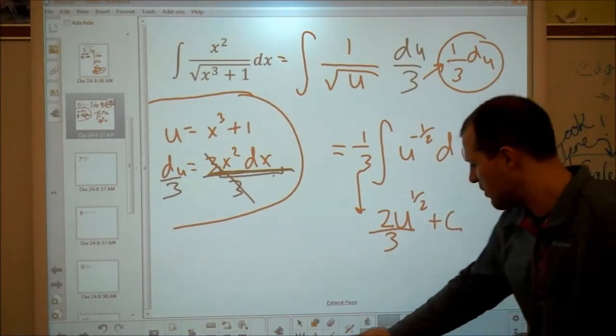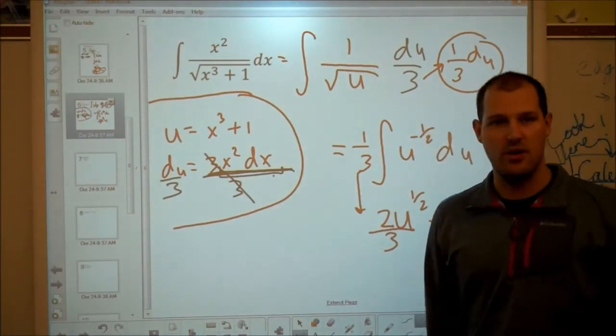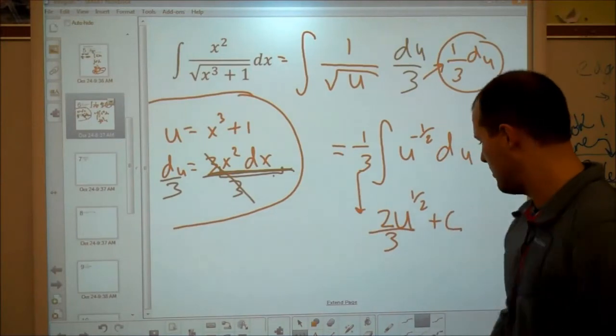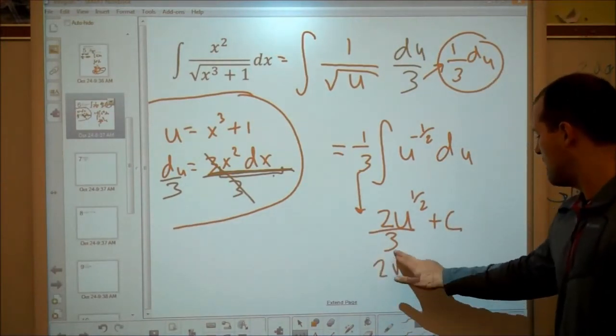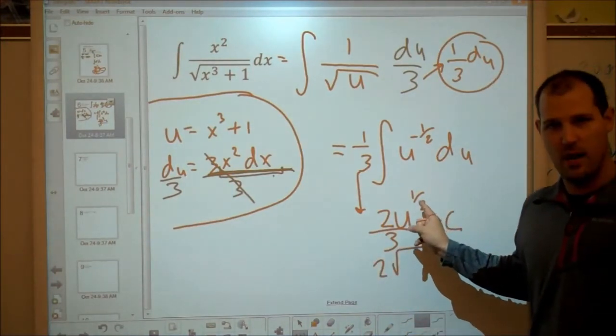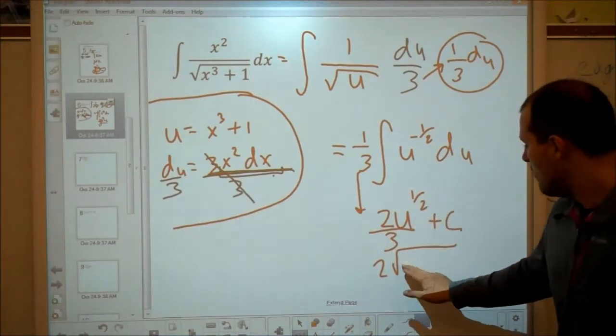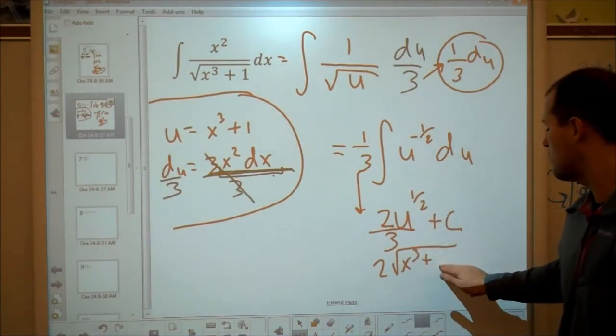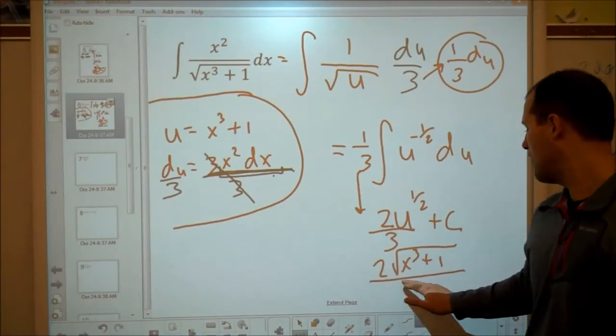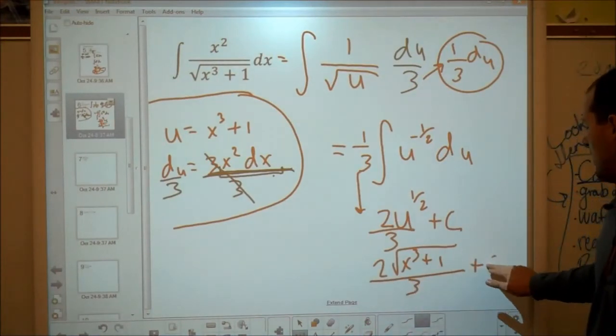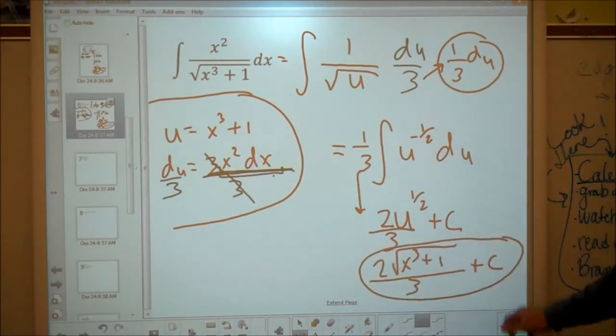Whether you choose to leave it as the 1/2 power or not makes absolutely no difference to me. If you're not one of my students, ask your teacher what they prefer. So I'm going to rewrite this as 2 times the square root, that's what the 1/2 power means, of course, square root of x cubed plus 1 over 3 plus c.